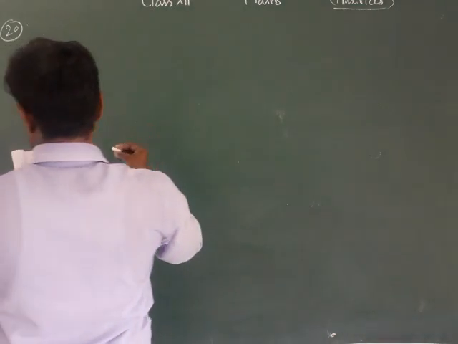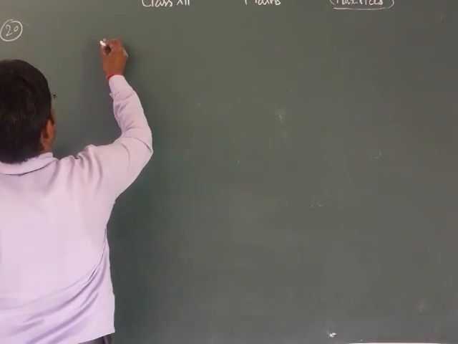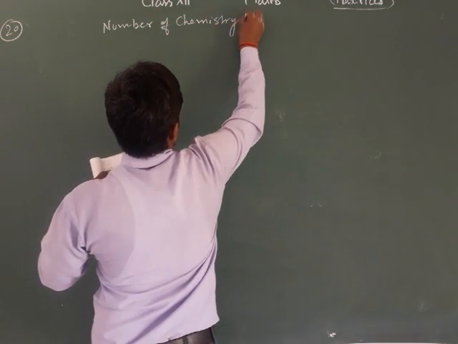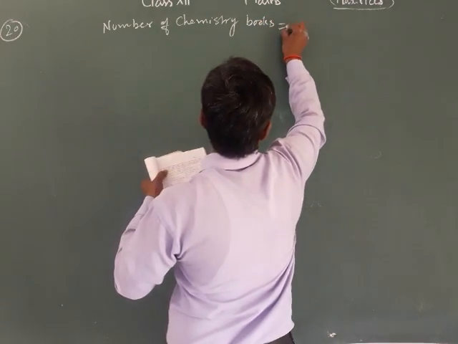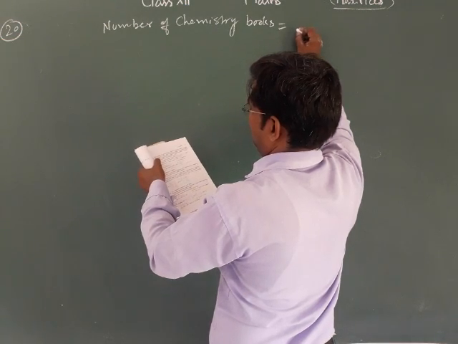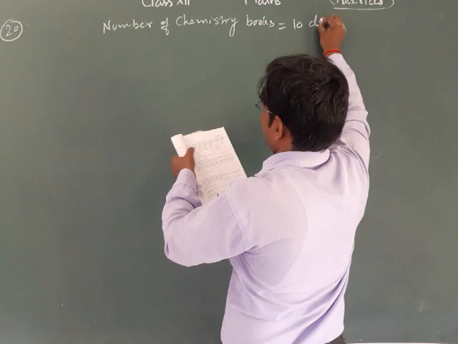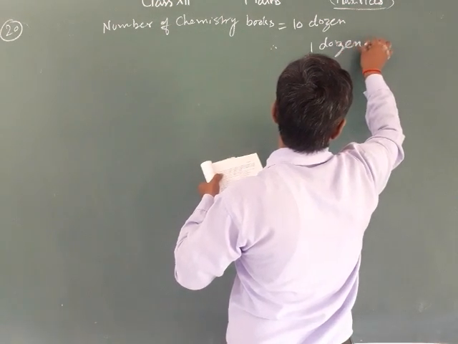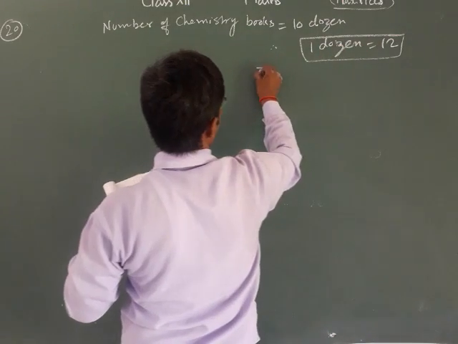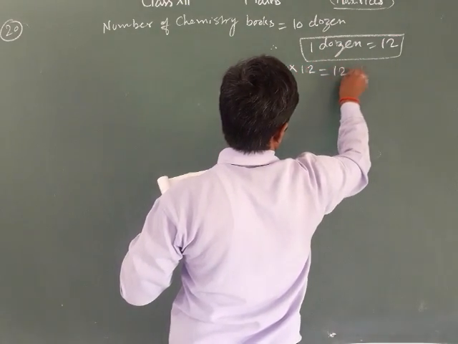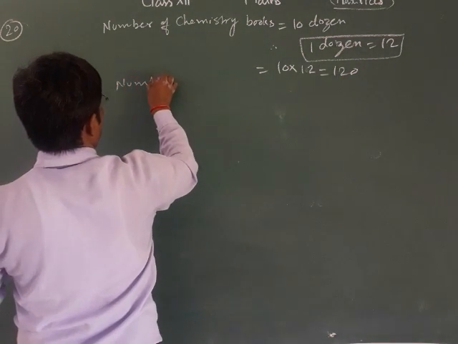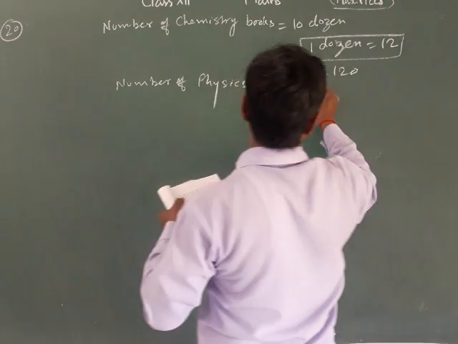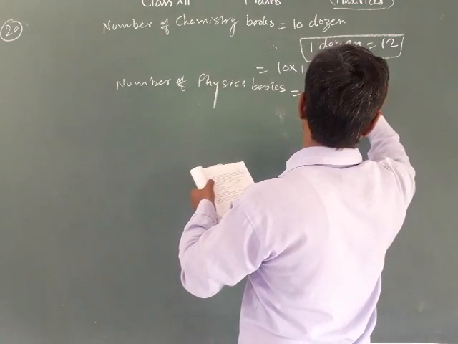So now, given the number of dozens of books. The number of chemistry books is 10 dozen, and since 1 dozen is equal to 12, 10 into 12 is 120. The number of physics books is 8 into 12, which is 96.